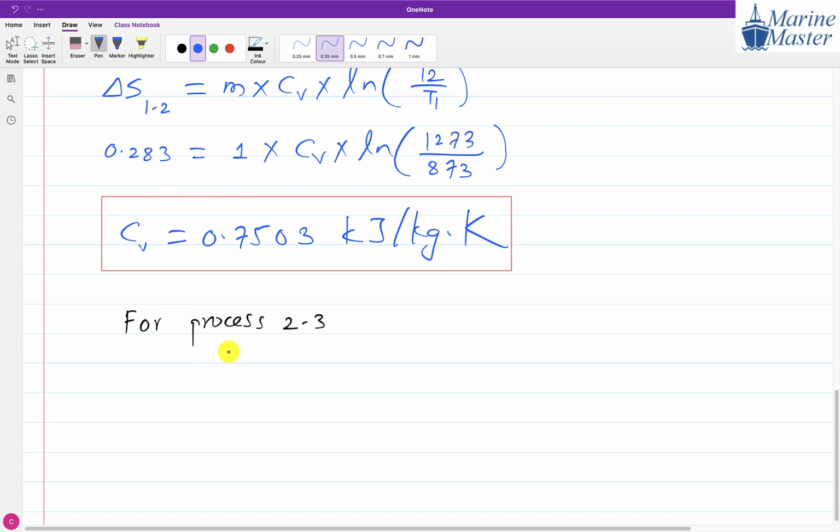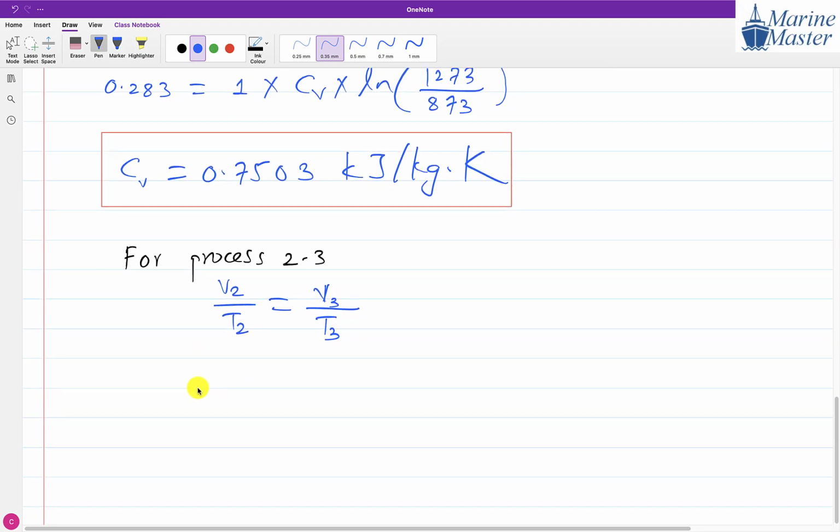What is the equation of state for constant pressure? Not P2, constant pressure. V2 by T2 is equal to V3 by T3.